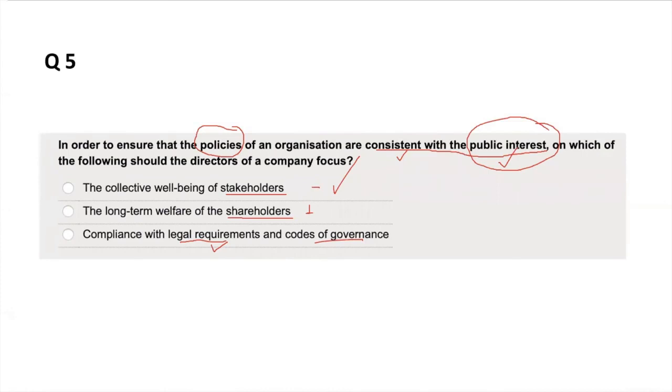So in that sense, that is not the answer. And therefore, if you think about it, laws may not necessarily deal with the public interest. So the one that really is more applicable is the one with stakeholders. That would be the answer.